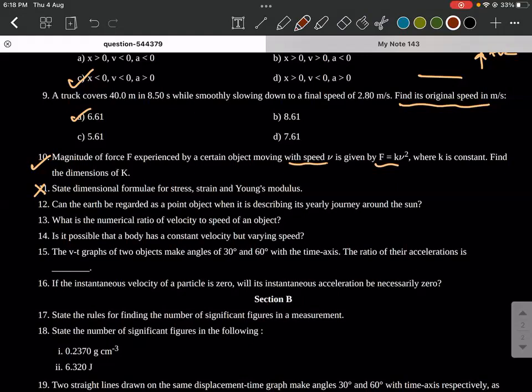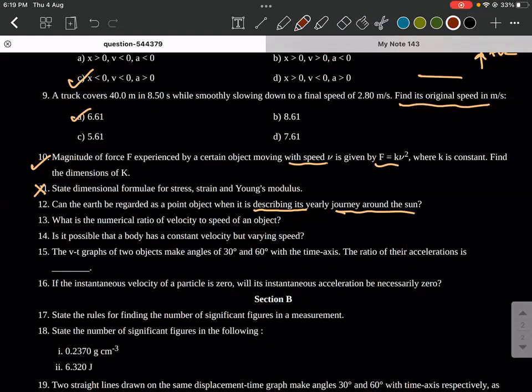Can Earth be regarded as a point object when it is describing its yearly journey around the sun? Why? Earth is revolving around the sun. Here, in kinematics, which is motion in a straight line, there is an important rule: you can consider any object to be a point object if the distance traveled by the object is very large compared to its own size.